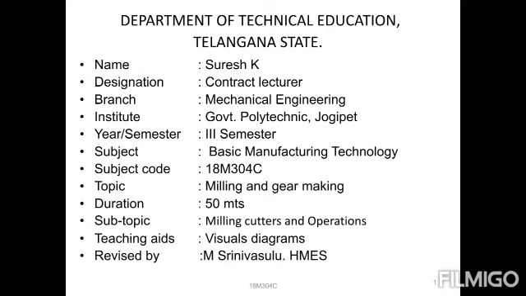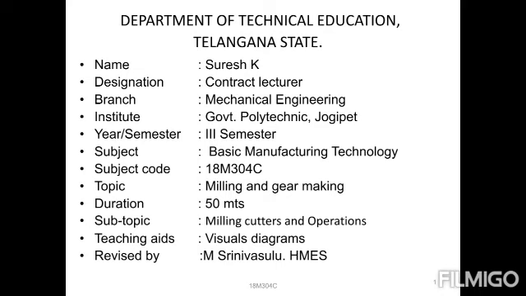For different types of operations we can use different types of milling cutters with the help of the milling machine only. There are a lot of cutters, and in this class we also discuss the operations, which are important: which type of cutters are used, and which type of operations we can perform on milling machines. We can call the milling machine one of the versatile performers.